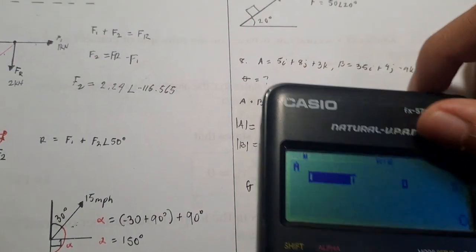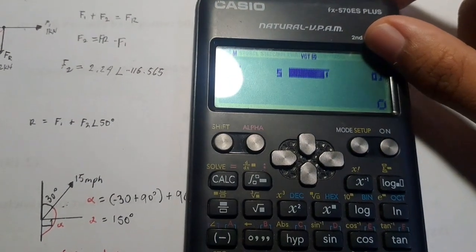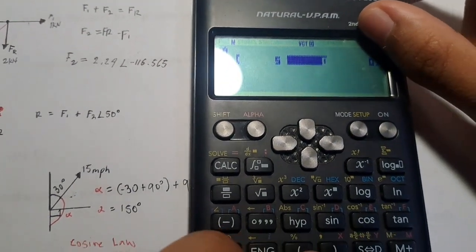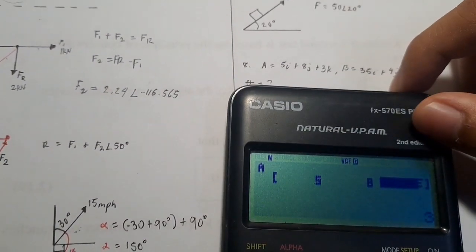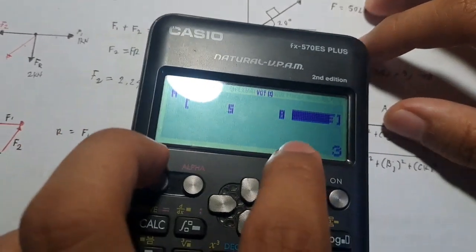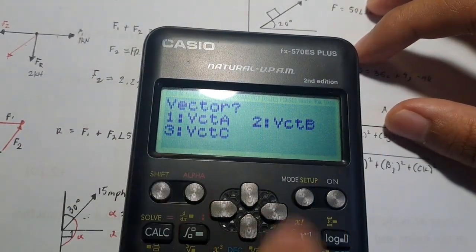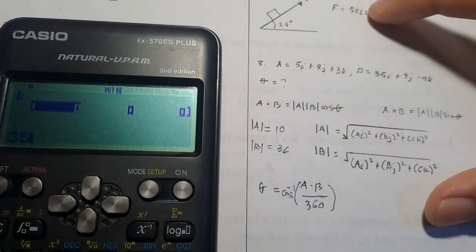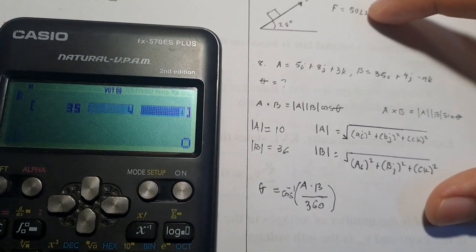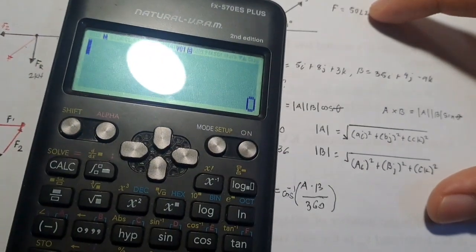So let's have 5i, 8j and 3k. So ayun na yung unang vector natin. Let's move lang ulit, move 8 yung vector b natin, 3-dimensional din. We have 35, 4, and then negative 9. So easy lang, simply easy lang.